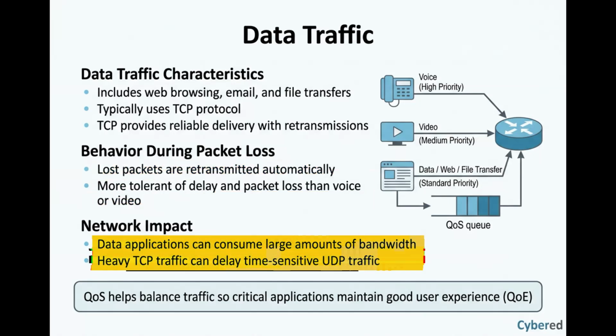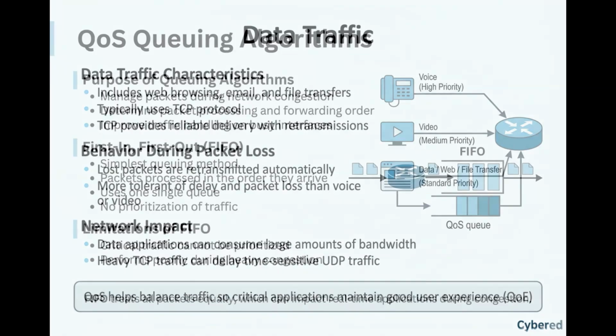However, some data applications, especially HTTP and HTTPS traffic, can consume large amounts of bandwidth. If TCP traffic dominates the network, time-sensitive UDP traffic, such as voice and video, may be delayed or dropped. Using QoS policies, administrators can prioritize critical traffic types to ensure important applications maintain good quality of experience for users.